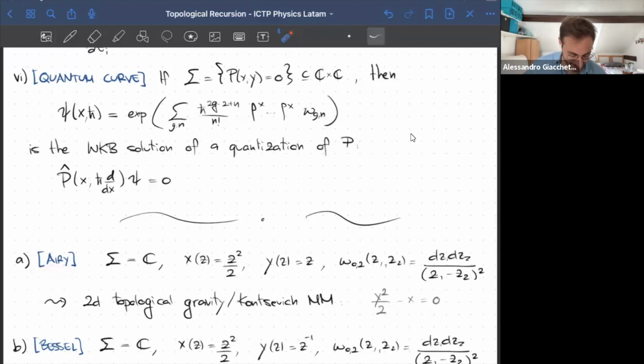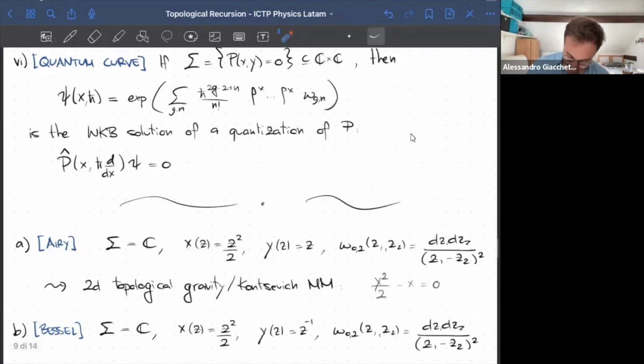There are actually many more connections with the Airy function, but the upshot here is that in this specific example you compute these omega g,n in a kind of crazy way, recursively, but when you put them together in this specific way by integrating them and taking the exponential of this topological expansion, you just get the Airy function.